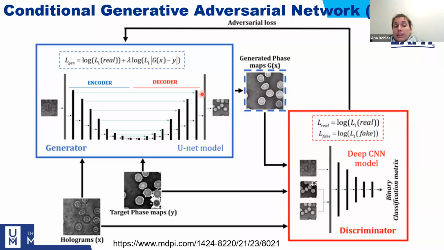The discriminator sees the phase image created by the generator and the target phase image, which is the one given by the automatic method, and we need to try to fool the discriminator. We assume the model is trained when the discriminator cannot tell any difference between the target phase image and the generated phase image. That is the step when we say yes, it is trained, because we have completely fooled the discriminator.